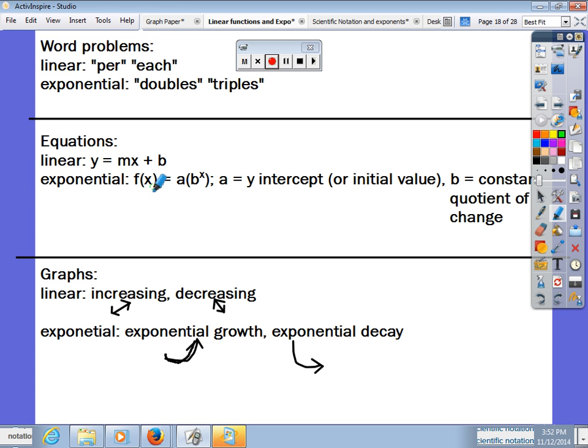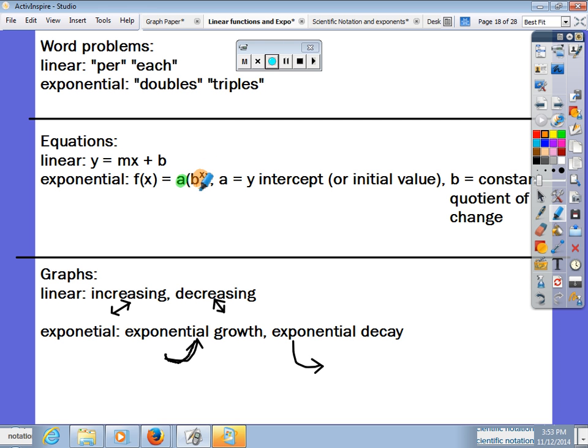We could write y just as easily, but since it's a function, we're going to notate f of x equals, and this is your formula, a times b to the x. Your a is always your y-intercept, or the initial value. Your b is always going to be what we call the constant quotient of change. That just means what is your ratio.